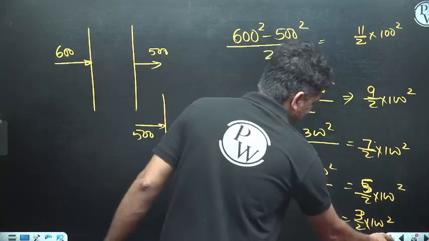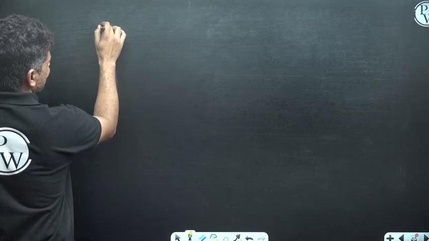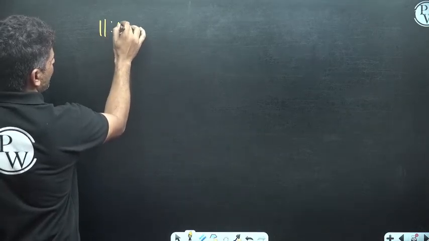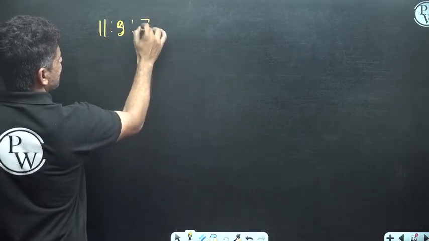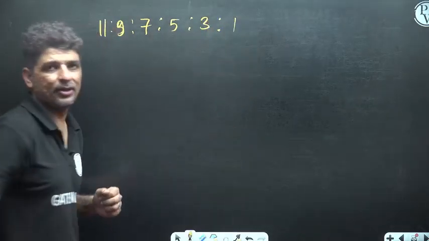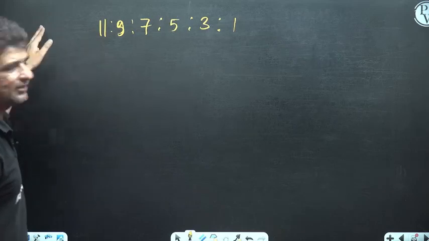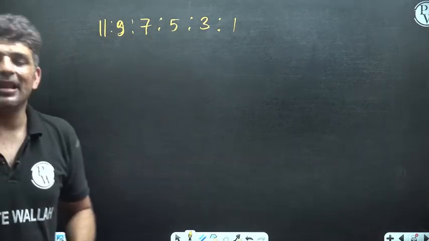So the ratio of power converted moves like this: 11, 9, 7, 5, 3, 1. You see that this is going from 1, 3, 5, 7, 9, 11, 13, 15, 17 like this.